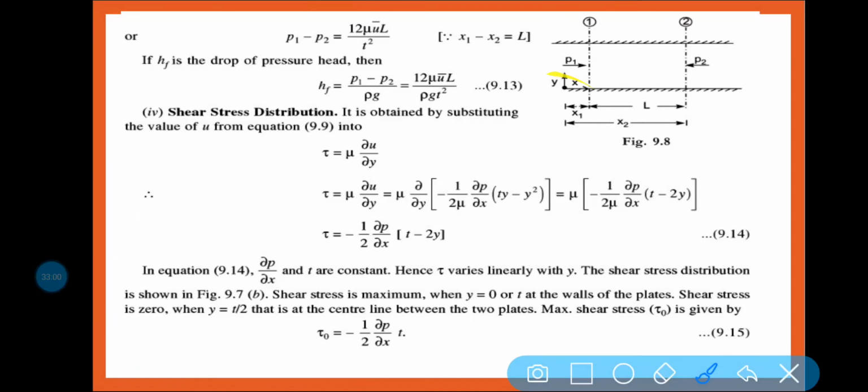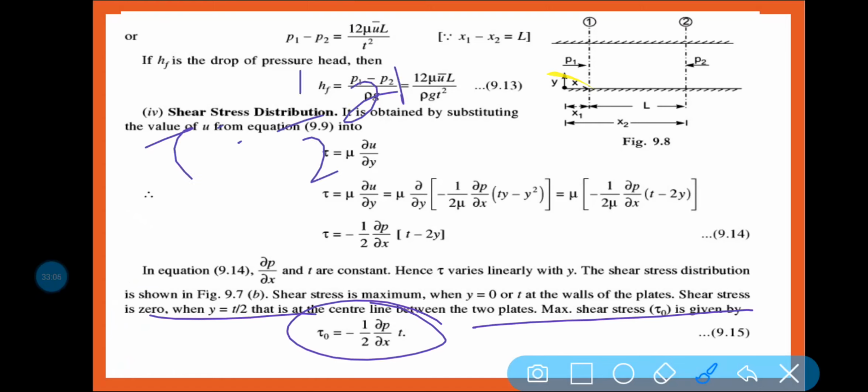Put y is equal to t by 2 and you will get this equation, because tau is equal to 1 by 2 del p by del x into (t minus 2 into t by 2).